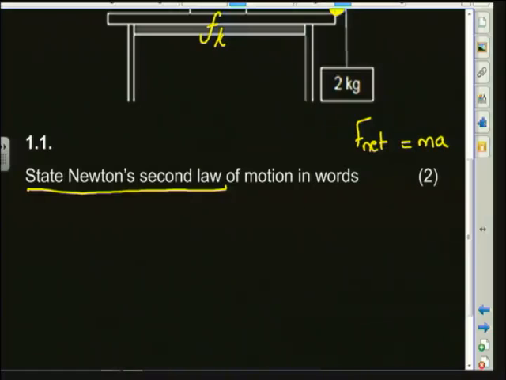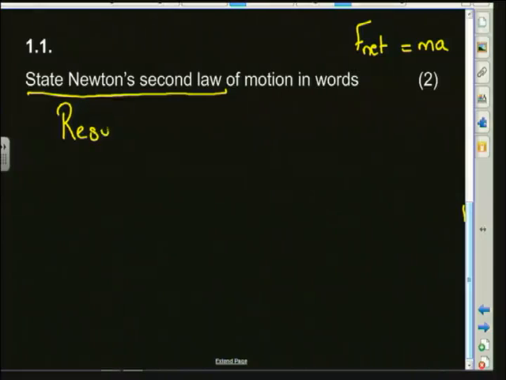Now, what are we looking for? Now, grade 12s, I have said you learn it like a parrot. There are slightly different ways of stating it, but they're looking for certain things that are the same regardless, okay? And I'm really going to do this in a very summarized form, so hopefully you can take this down as we go along, okay? Because we're not going to write all the words out. First of all, when you have a resultant force, okay, not an unbalanced force, it has to be a resultant force acting on an object, okay?